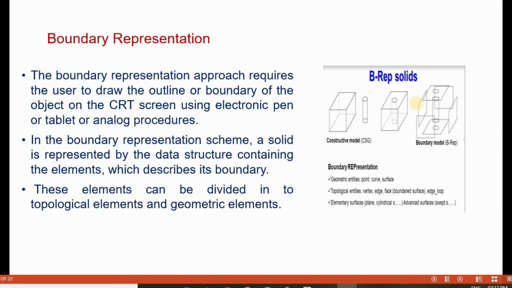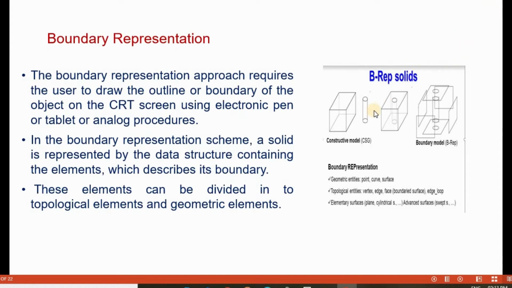An electronic pen or tablet or analog procedure is also used to represent the boundary representations to create the solid model images. In the boundary representation scheme, a solid model is represented by data structures containing the elements which describe its boundary. All elements in this boundary representation describe the various boundaries of the solid model.